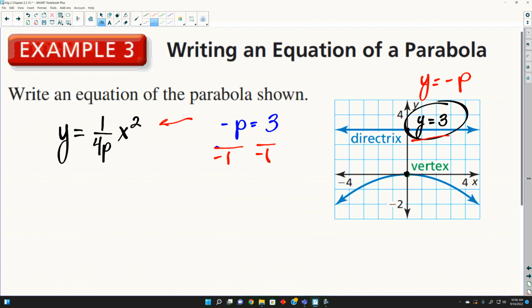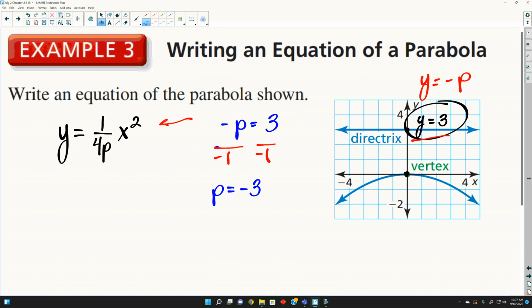We can multiply both sides by negative 1, telling us that p is equal to negative 3, yes? Well, if negative p is positive 3, we're just flipping the signs. Any questions on how we got to the value of p?